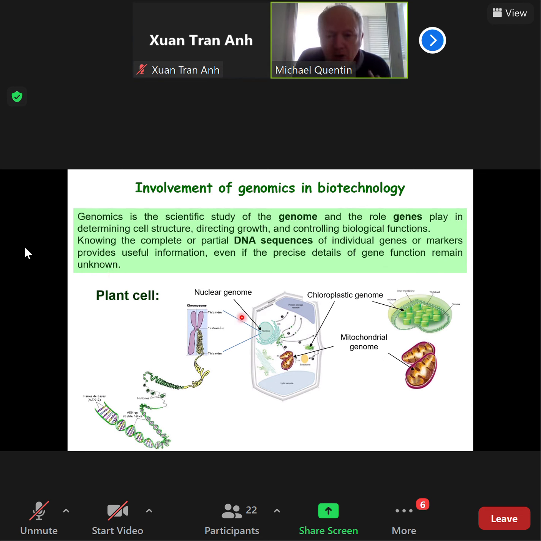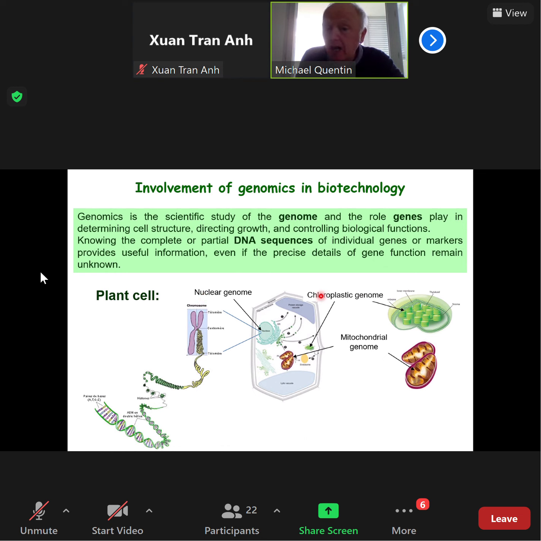You must remember that a plant cell is carrying different genomes. There is the nuclear genome, which is carrying most of the genetic information. The nuclear genome is contained in chromosomes. But then you have some additional genomes in plants.